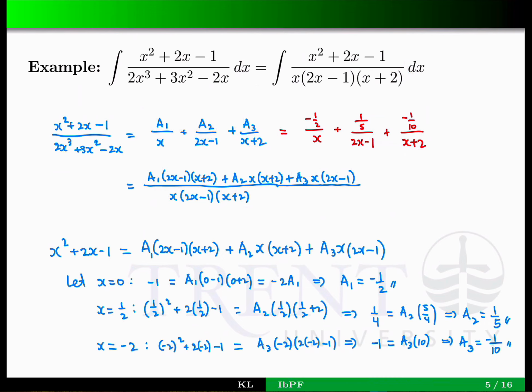Another way is to substitute x with numbers. Since you have three unknowns, a1, a2, and a3, you use three values for x. Then you will be able to write a system of linear equations.